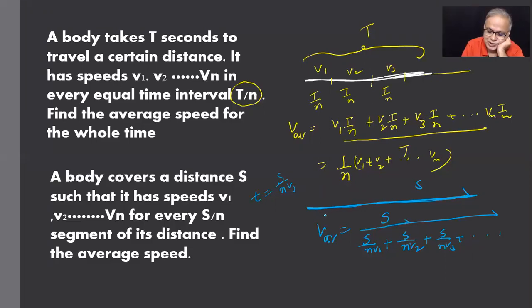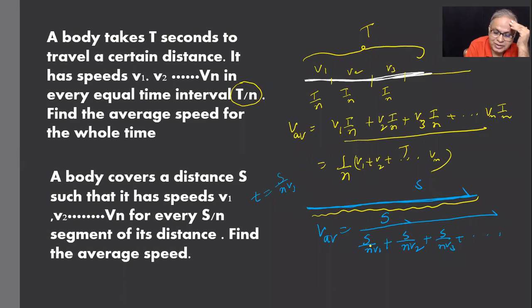This is distance, children. I'm writing my equation here. Just separate it. Don't think there are two S there. This is the situation I've shown now. So S into 1 by V1, 1 by V2 like that. Isn't it so? Sriya? So some small mistake I think you did? Yes, sir. Actually, it will be 1 by v1 plus 1 by v2, like that.